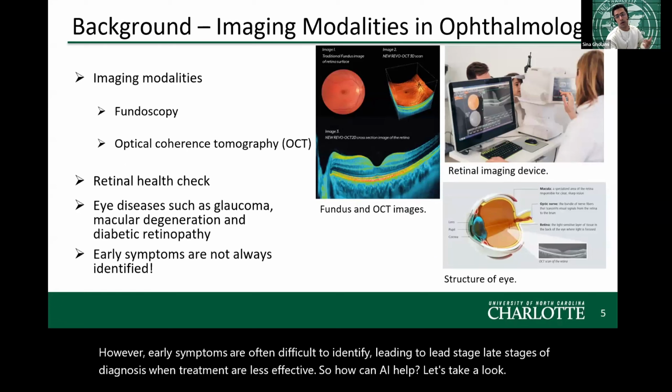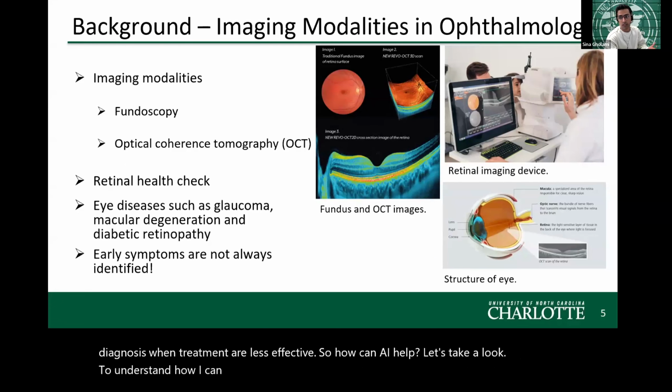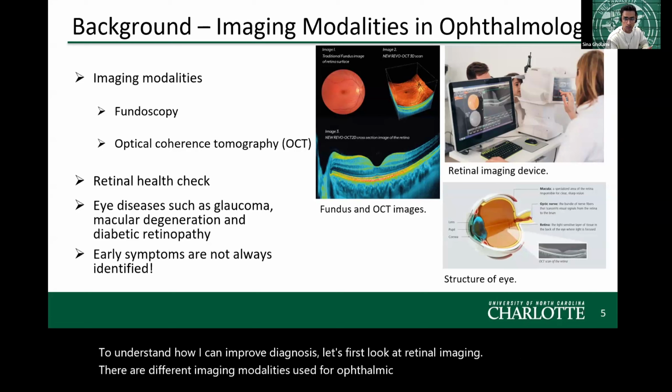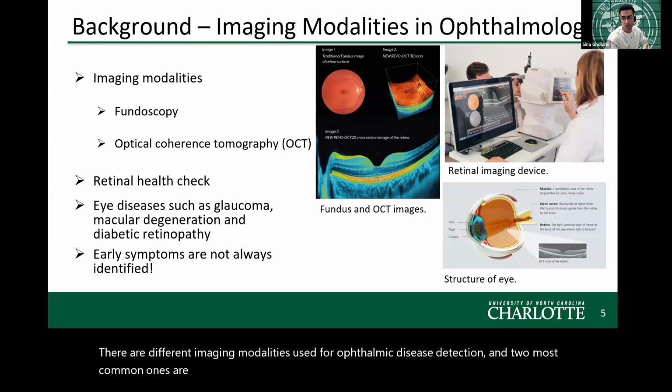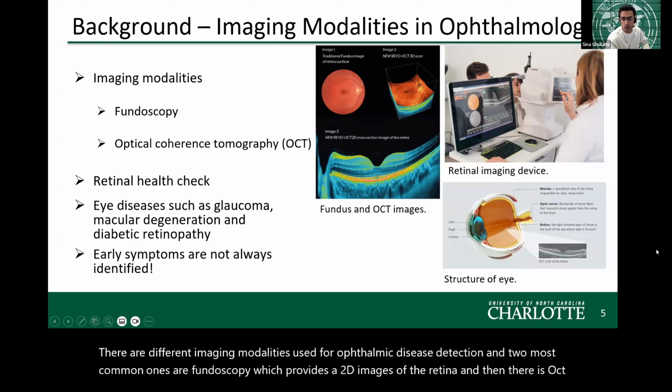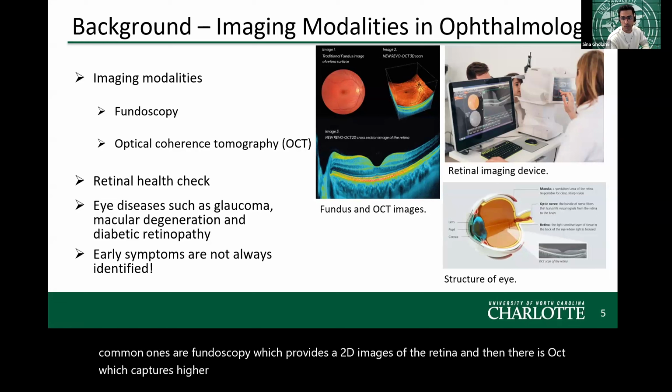Well, to understand how AI can improve diagnosis, let's first look at retinal imaging. There are different imaging modalities used for ophthalmic disease detection, and the two most common ones are fundoscopy, which provides 2D images of the retina, and then there is OCT, which captures high resolution cross-sectional images of the retina, enabling detailed structure analysis.